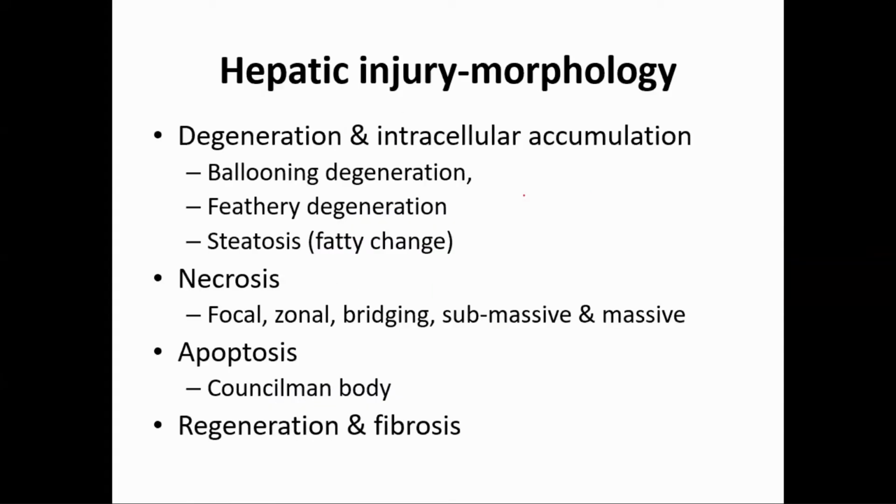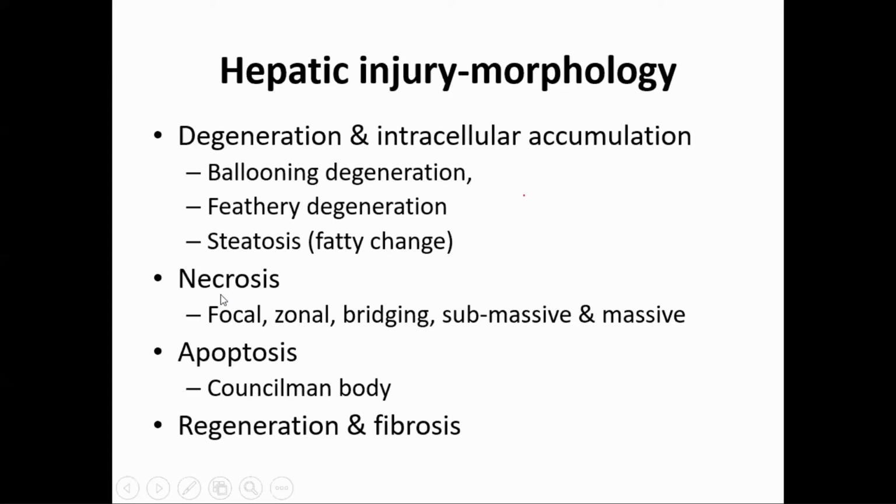Hepatic injury, either by hypoxia or toxin or whatever it is, shows degeneration and intracellular accumulation. There is ballooning degeneration, in which the cell gets swollen; feathery degeneration, with fraying of the cytoplasm; and then steatosis, accumulation of fat in the cell.